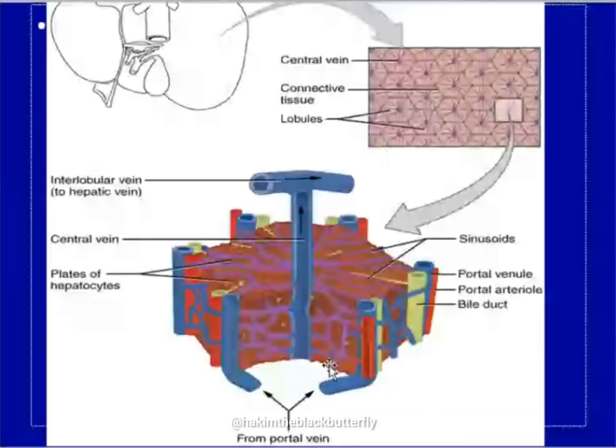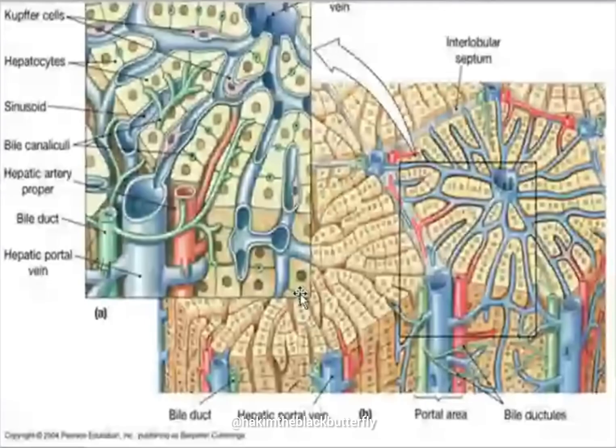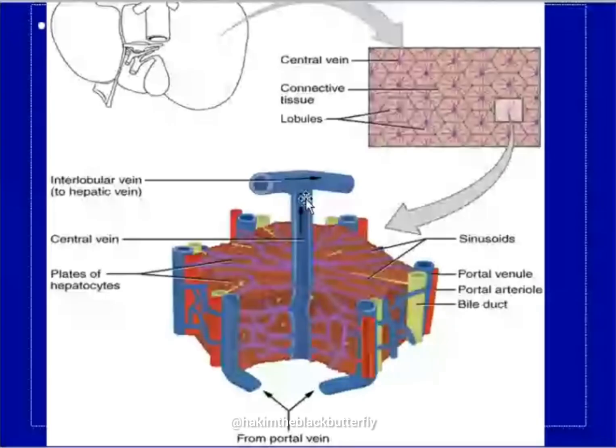So when blood enters the central vein, remember that all lobules have central veins. From the central vein, that blood is taken to what we call the interlobular veins. Remember we have very many central veins because we have very many lobules.